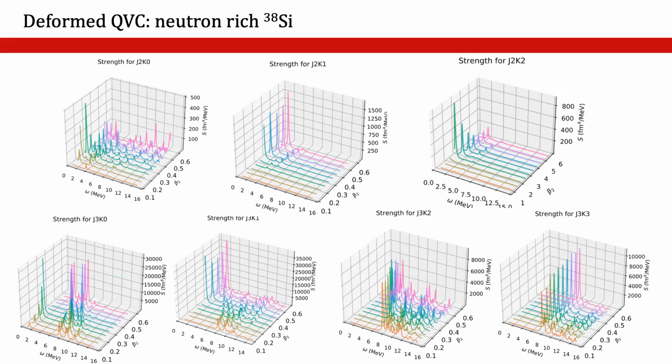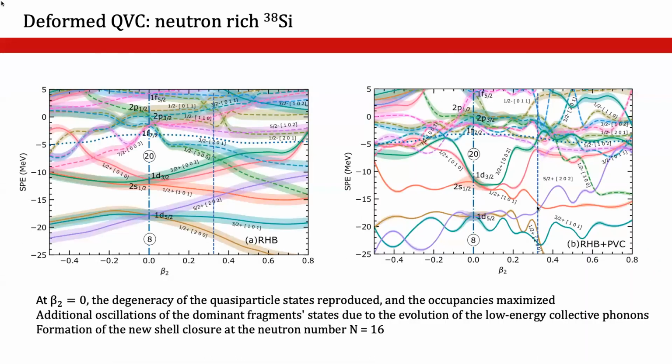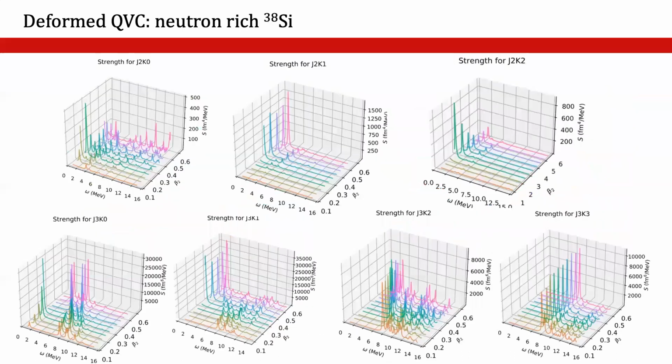And this change of phonon vibrations leads to the oscillations in our last states, because some vibrations disappear at one deformation, and some vibrations appear in another deformation. And this is how the quasi-particle state evolves with beta 2.